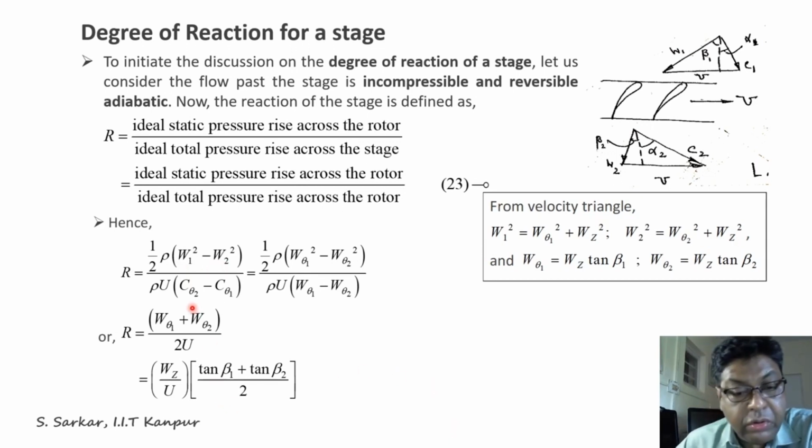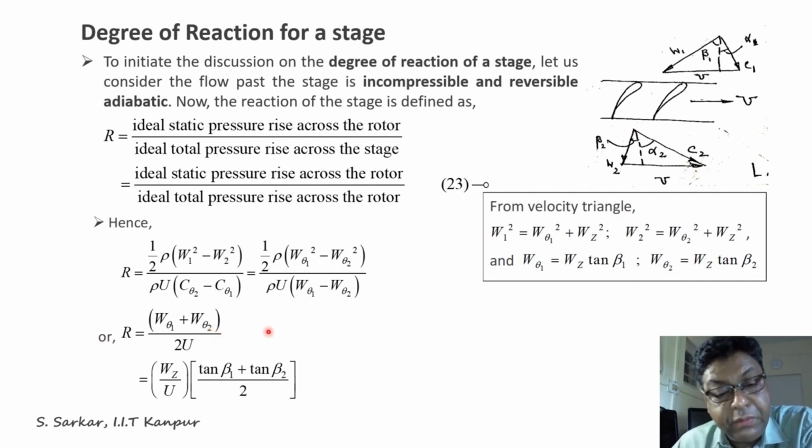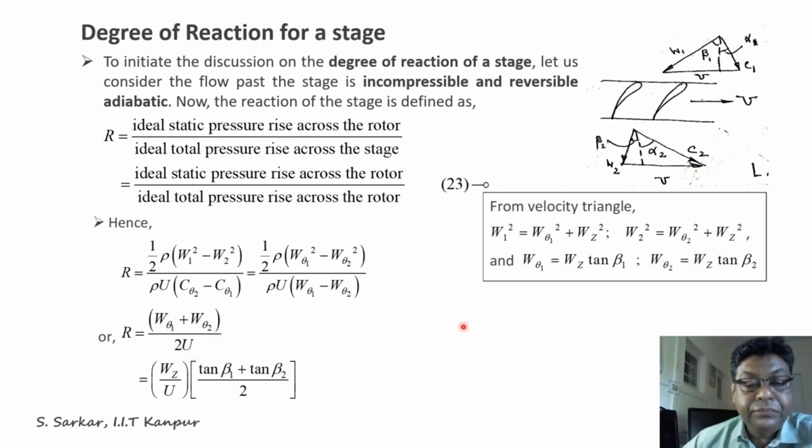Furthermore, C theta 2 minus C theta 1 can be written as W theta 1 minus W theta 2. Therefore, the degree of reaction becomes R equal to (W theta 1 plus W theta 2) divided by twice U.